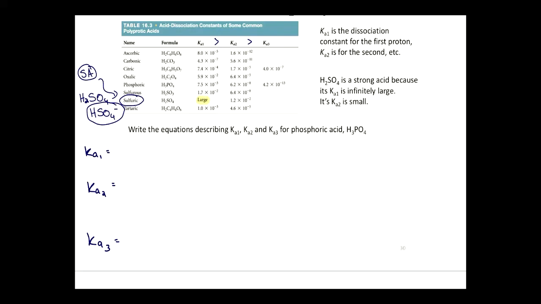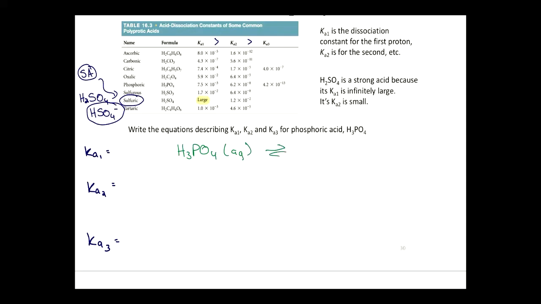Okay, so let's write the equations describing Ka1, Ka2, Ka3 for phosphoric acid. Again, these protons pop off one at a time. So Ka1 represents that first proton popping off. You want to start with the fully protonated form, so H3PO4, aqueous. We want to only take off one proton.